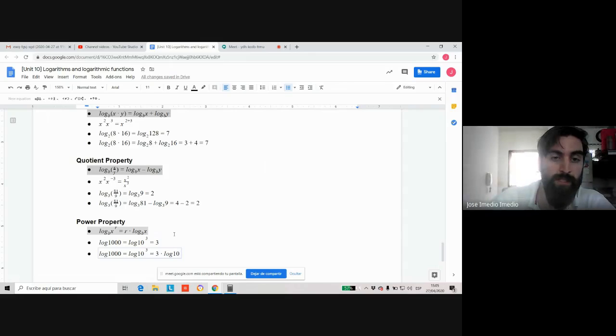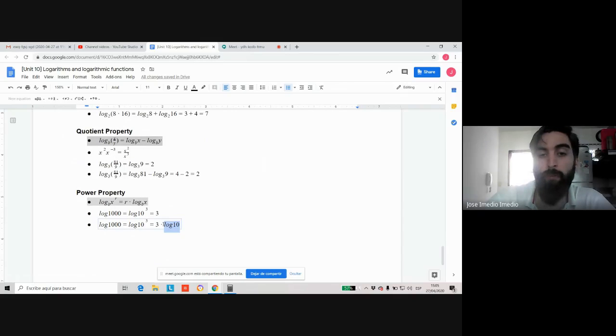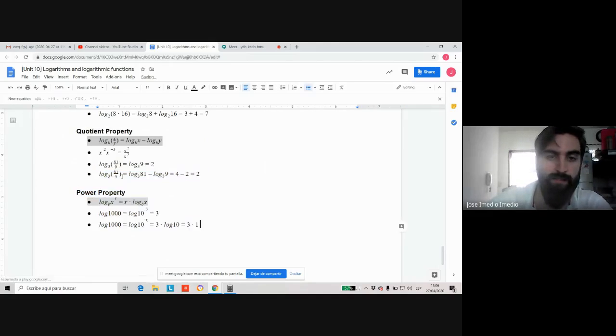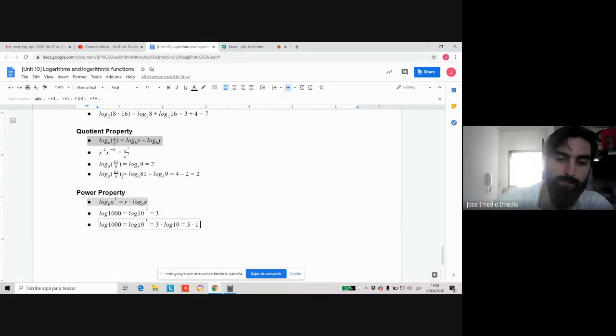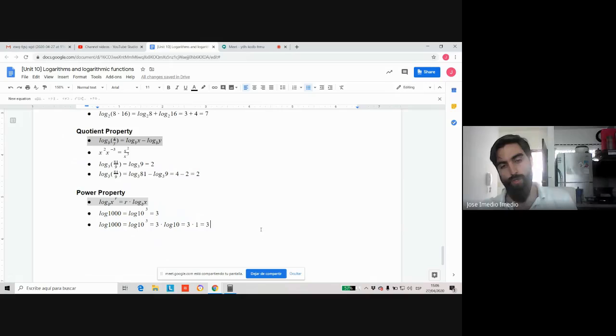Okay? And here you know that the common logarithm of 10 is 1. Why? Because there's a 10 down here. Okay, so this is going to be 3 times 1, which is the same as saying 3.